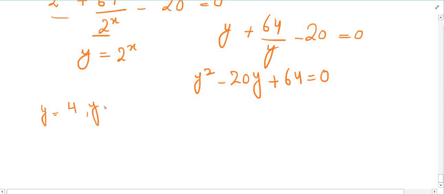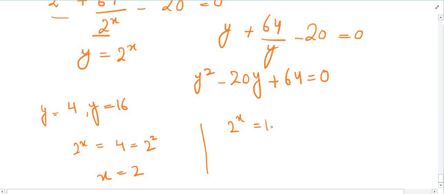Now replace it: 2^x = 4, which is 2², so x is 2. And 2^x = 16, which is 2⁴.